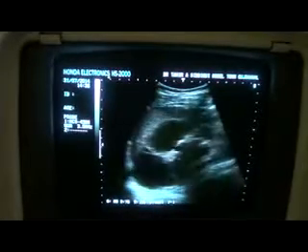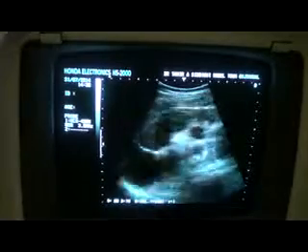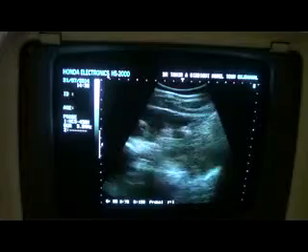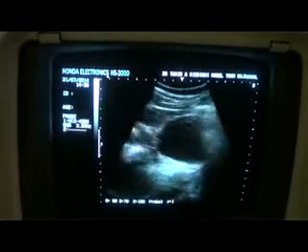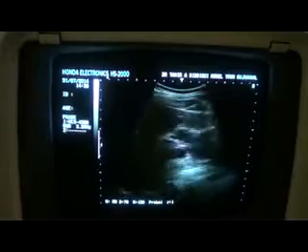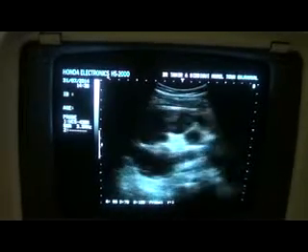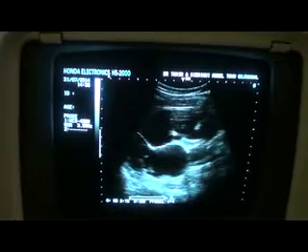Now the differentiating points are that if this is a multicystic kidney, then the cysts are not too numerous as you are seeing in this case, and the pelvis is not that much dilated, and the central sinus echo complex is not muffled to the extent as you are seeing in this case.